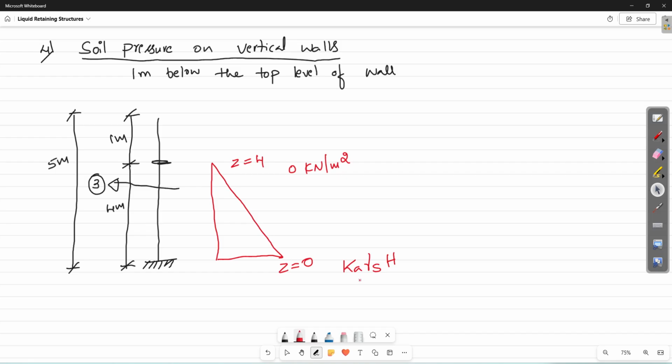So Ka is the earth pressure coefficient.